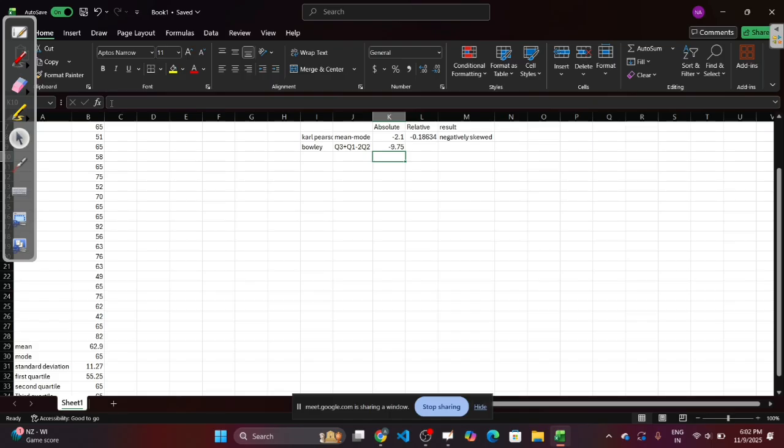Okay. Again it is showing negative, so negative skewness, and for relative we divide by Q3 minus Q1, right? So Q3 is 65 and Q1 is 55.25.